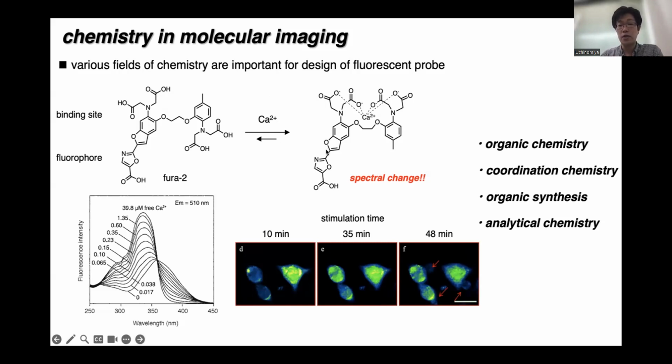Organic synthesis itself is also needed for making this probe, and analytical chemistry is needed for measuring the fluorescence. Like this, one probe is based on various fields of chemistry.